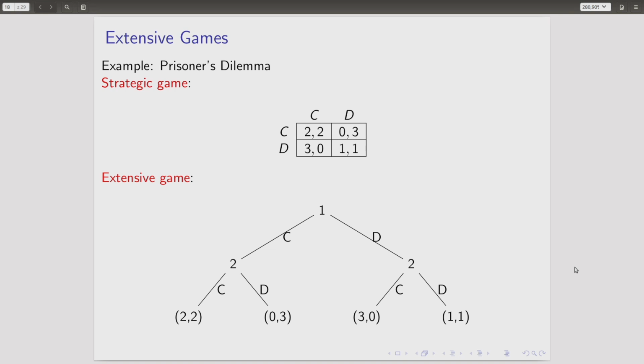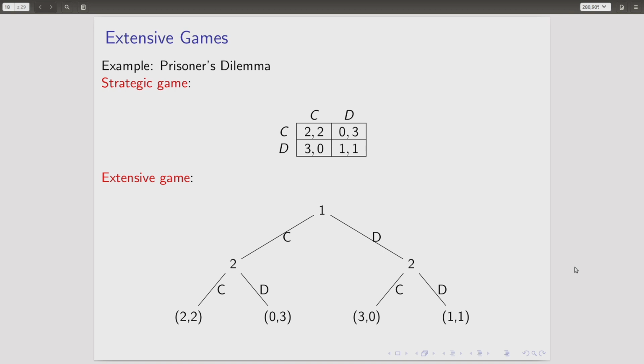And you can transform every strategic game into an extensive game in a very simple way. So look, above we have the original definition of Prisoner's Dilemma, and below I have it played as an extensive game. First we say to player row, you make a decision, you choose a strategy, and then there is a second round where the second player takes a decision. So this tree, a decision tree, shows how the game proceeds.